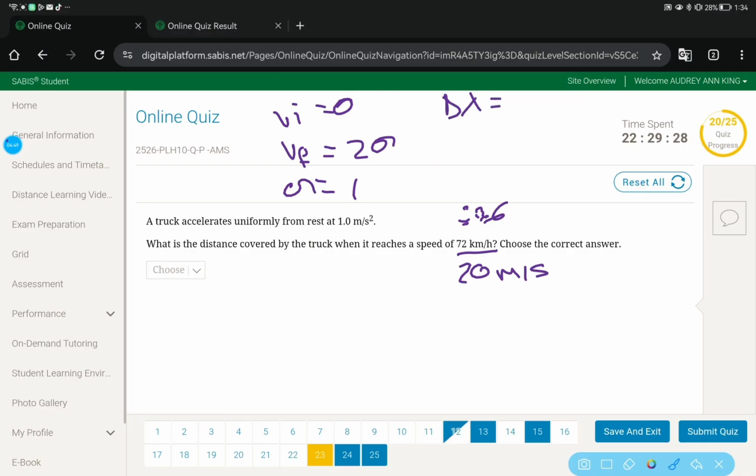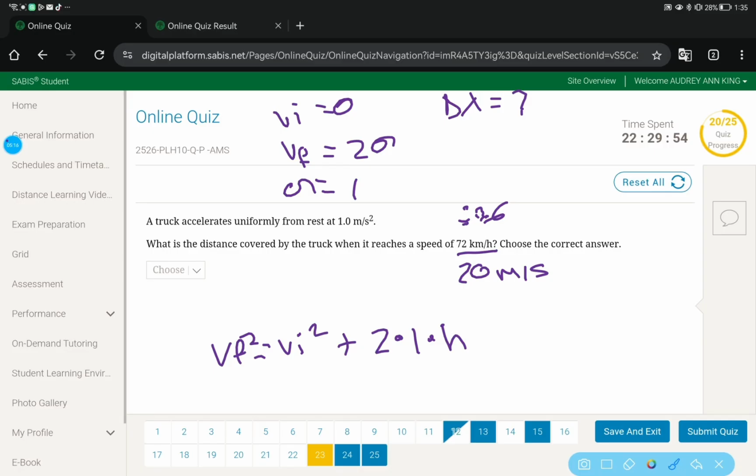So we need to find delta x. We can use the formula velocity final squared equals initial velocity squared plus 2 times 1 times h, and I'm going to call delta x h.